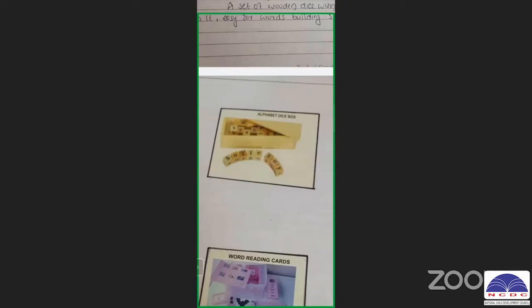Their fine motor skills will be improved. With two hands they are rolling the dice, so it will improve their fine motor skills, and also finger isolation and hand manipulation development. They can also know how small words are formed.